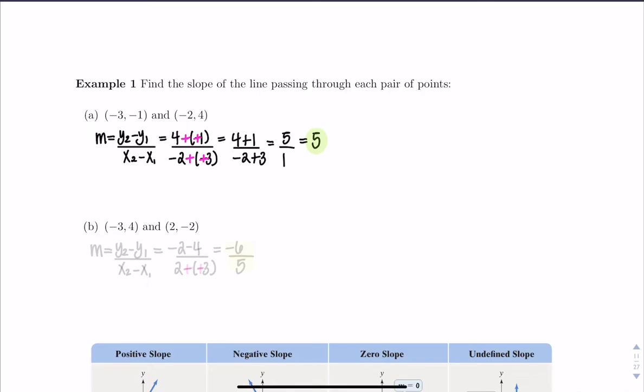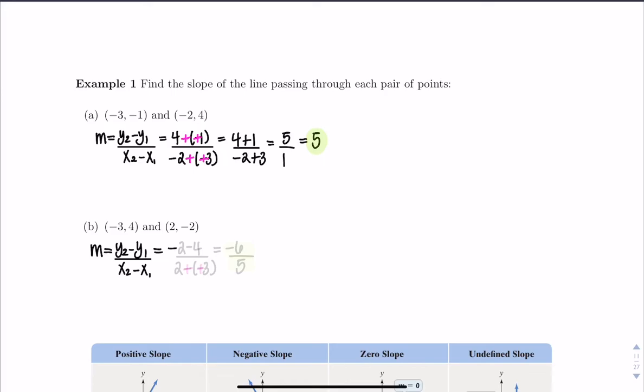Go ahead and pause the video and try the second one for yourself. So now we have the points (-3, 4) and (2, -2). So we're just going to plug it straight back into the formula. m equals (y2 minus y1) over (x2 minus x1).